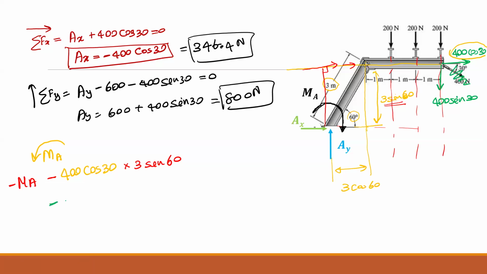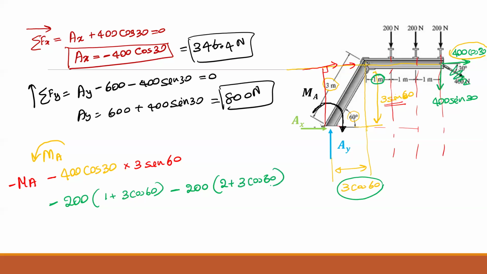So one by one. Let's take the first 200. The perpendicular distance will be 1 plus 3 cos 60. Do you agree with me? The next 200 will be 2 plus 3 cos 60. Next, you can add them together, or you can take them separately.